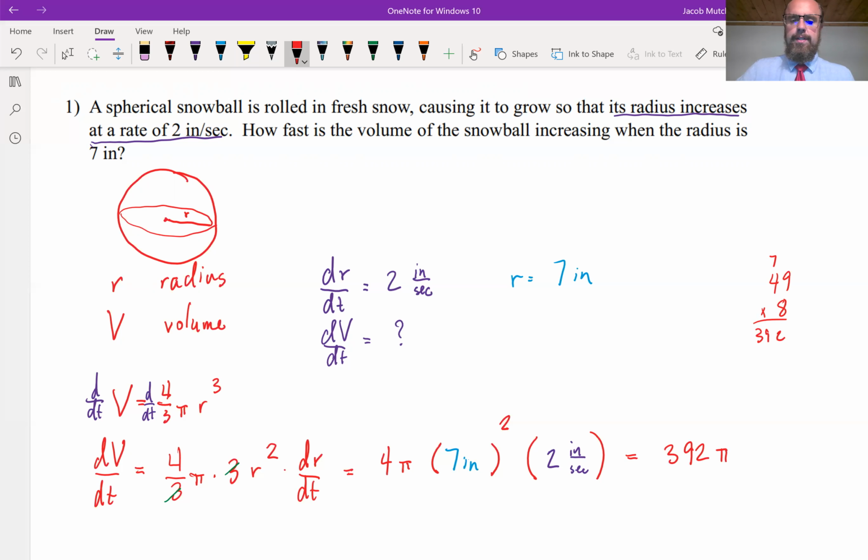And then for my units, I have from the inches in blue, inches squared, times the inches in purple will be inches cubed over seconds. And just to consider, is that consistent with the rate I'm trying to solve for? That would be a volume changing per second, and that's exactly what I'm looking for, dV/dt.